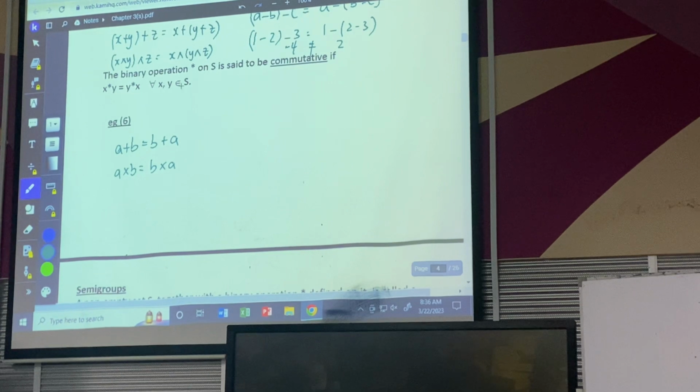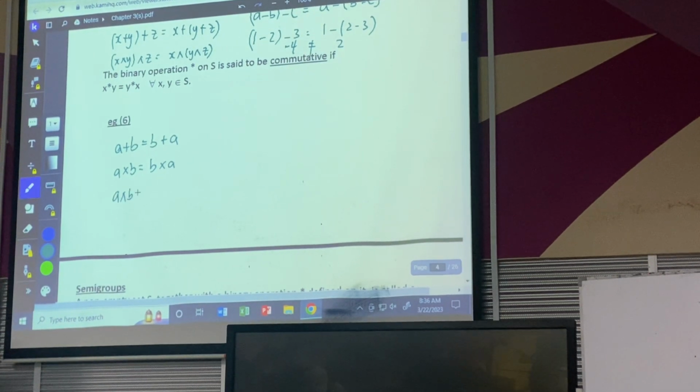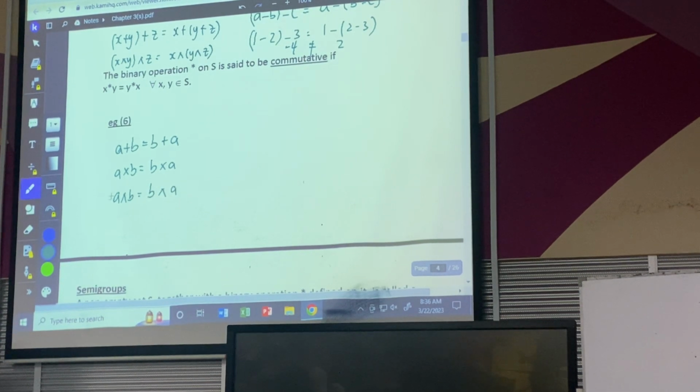What else? Any other examples? A and B equal to B and A. A or B equal to B or A. Any more?